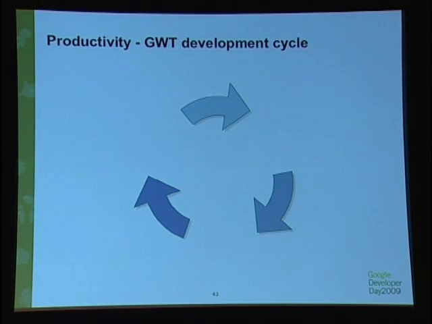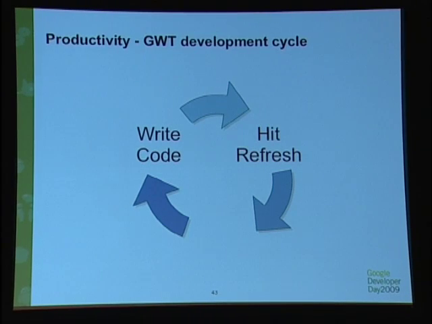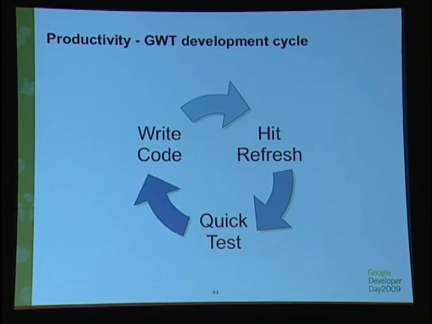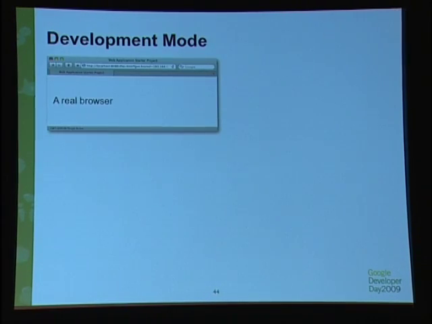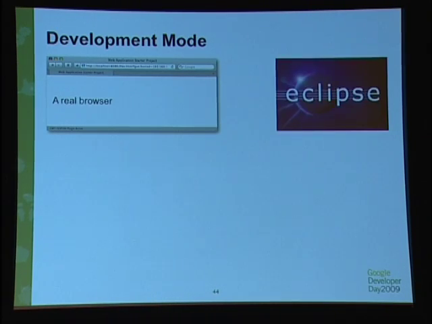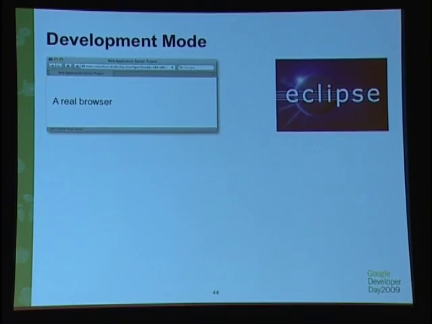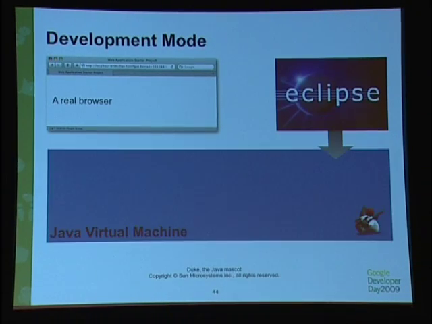But it's also important that you have that developer productivity. You want to be able to write your code, hit refresh in the browser, and do a quick test and see that it worked. So for that, we have another mode. It's called development mode. Again, we take a real browser, and we take the Eclipse IDE, although you could use something else if you like, and we launch your application inside of a Java virtual machine.